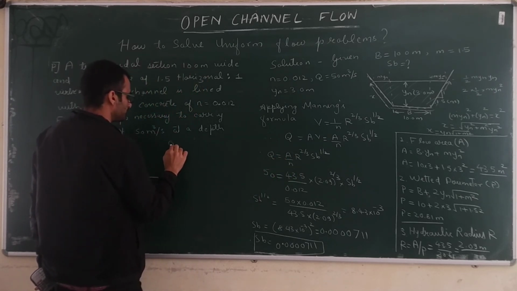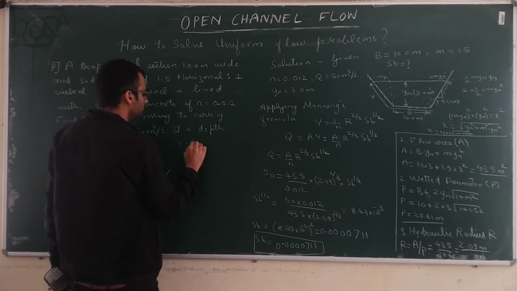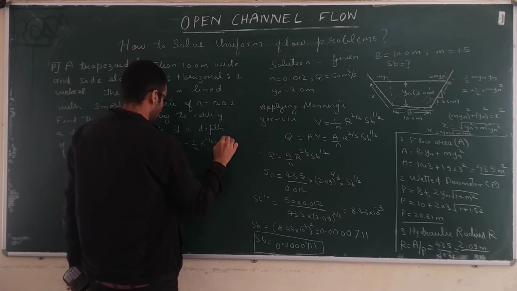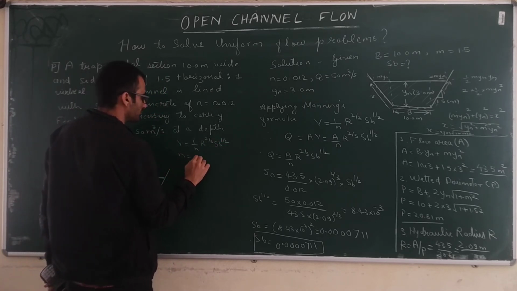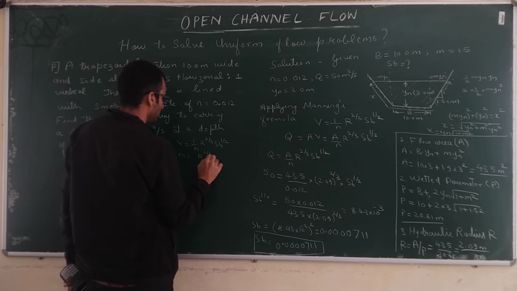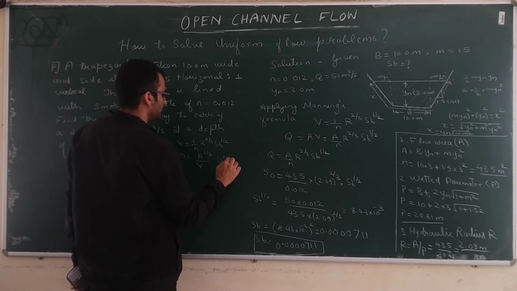What is the formula? V equal to this. So n will be equal to R raised to 2 by 3 upon V, with SB to the power half, but SB has no unit.